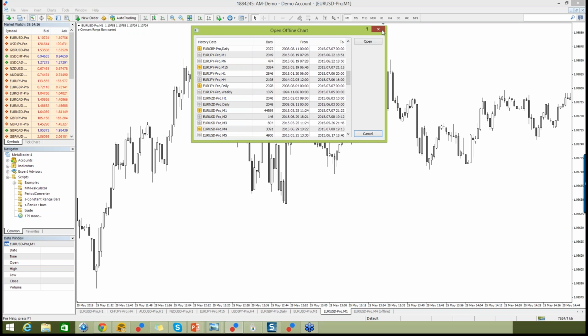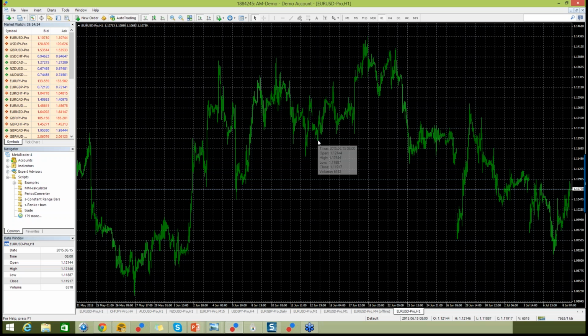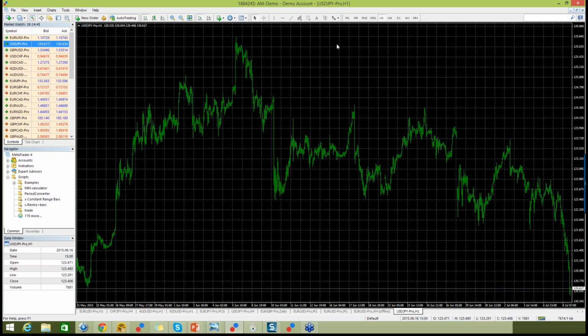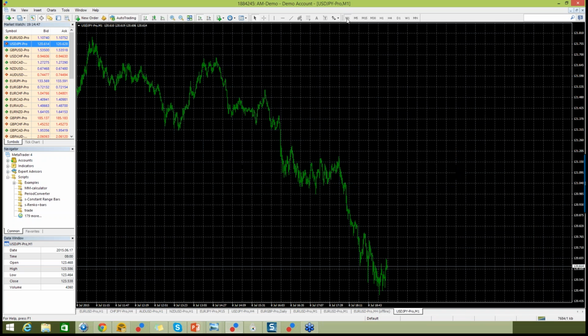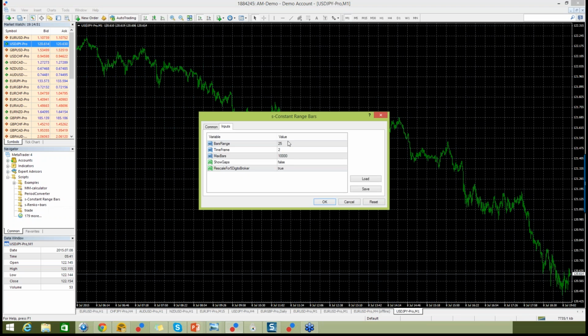Next, for example, you go here, open euro dollar blank chart. You don't need to do that, but just to see the difference. If you want another pair, for example dollar yen, same thing: go to M1, go to constant range bars and apply the same thing, 4 4.